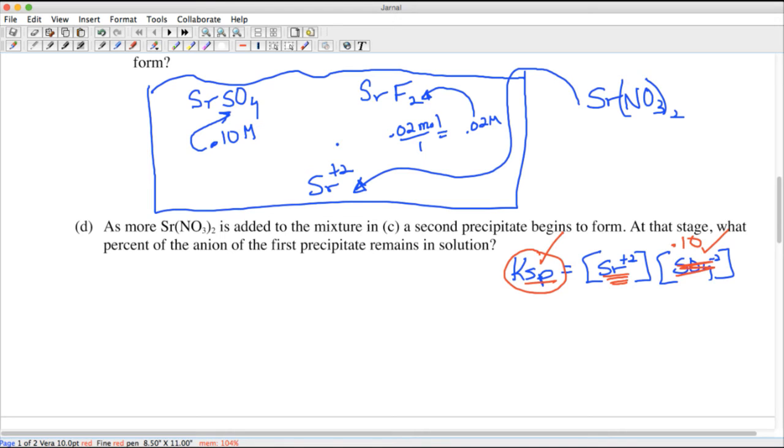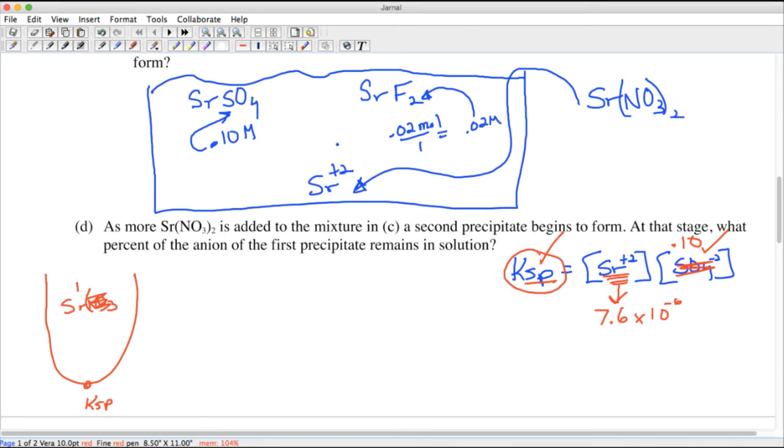All right, so when we solve for this strontium, we get 7.6 times 10 to the negative 6. And again, what really was this? This was exactly the KSP of strontium nitrate. No, I'm sorry, strontium sulfate.